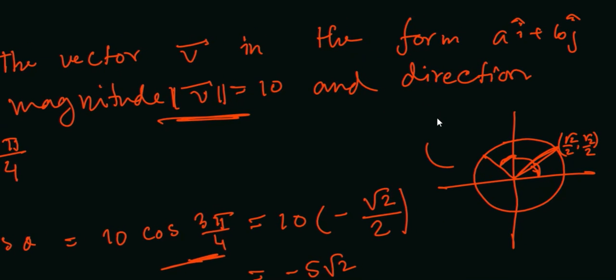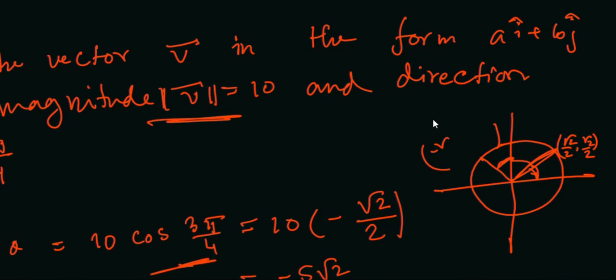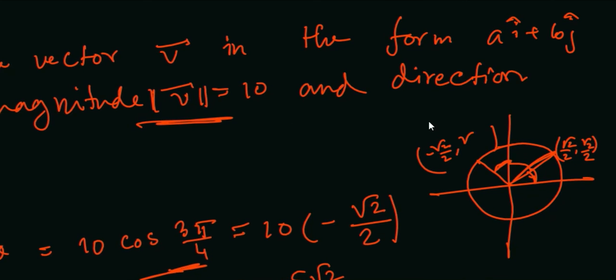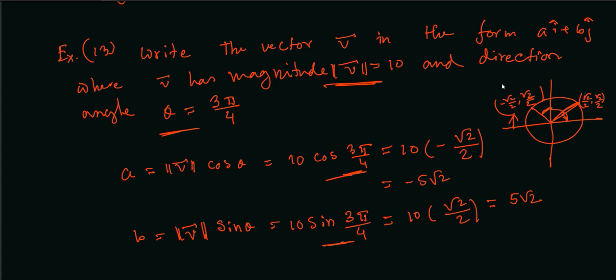Using the symmetric property, here it should be negative square root 2 over 2 comma positive square root 2 over 2. As you know, the first component of the ordered pair represents the value of cosine, and the second component of the ordered pair represents the value of sine.